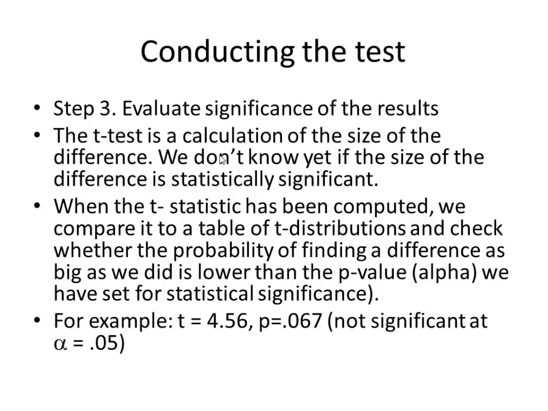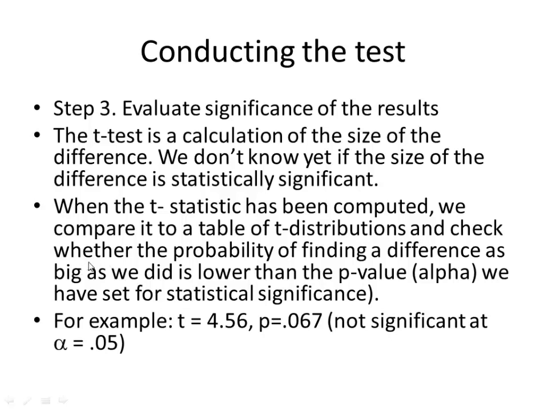So remember, we select the p-value. Typically we select an alpha of 0.05 in the social sciences. So we would go to our table of t distributions and we would locate the result of our t-test, and we would find out whether the t-test that we have found is large enough to be statistically significant.